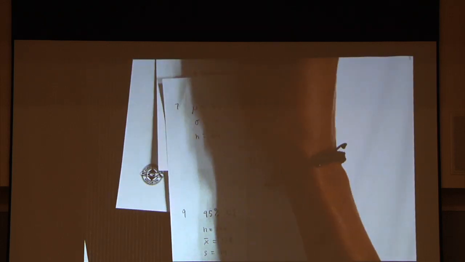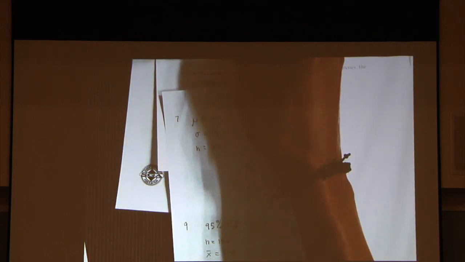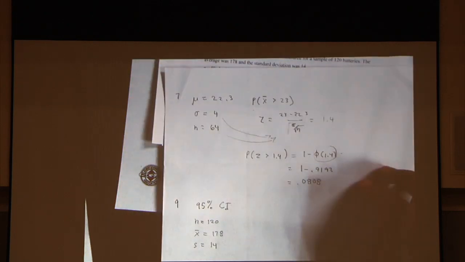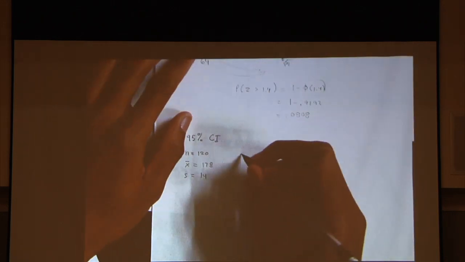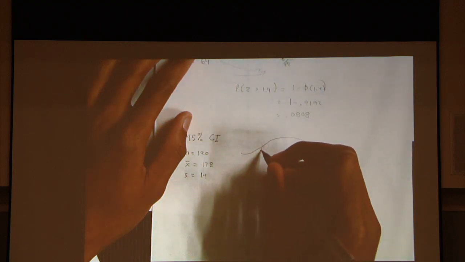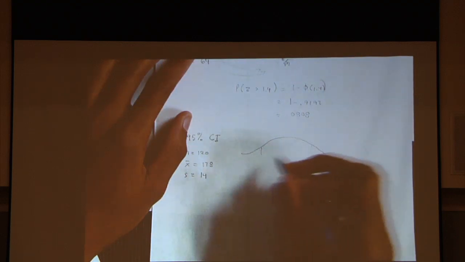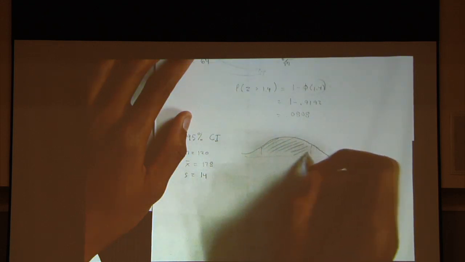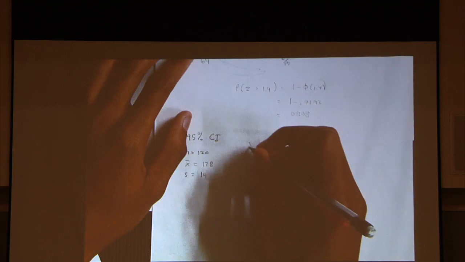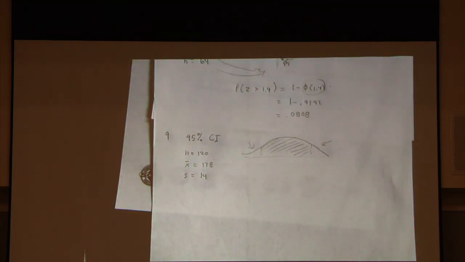So I had 1.96, 2.33, 2.58, and 1.28. Right? So for this case, we have a 95% confidence interval. So we want to say that 95% of our data falls in here, and only 5% of it falls somewhere here, right?